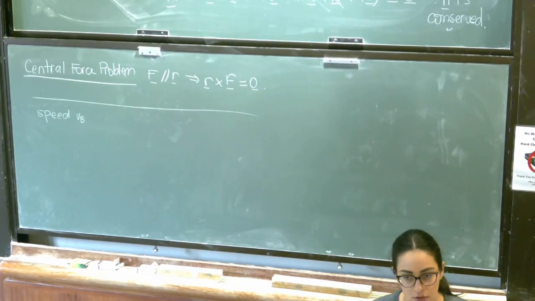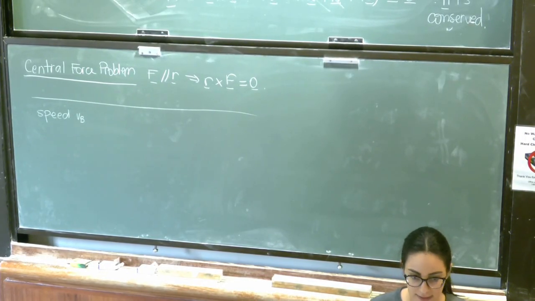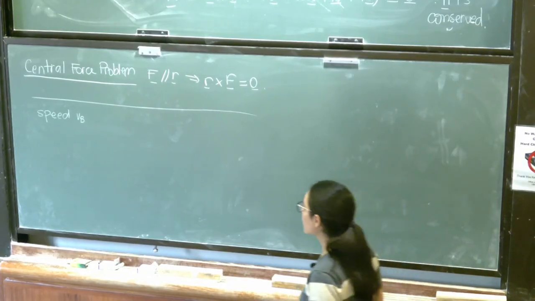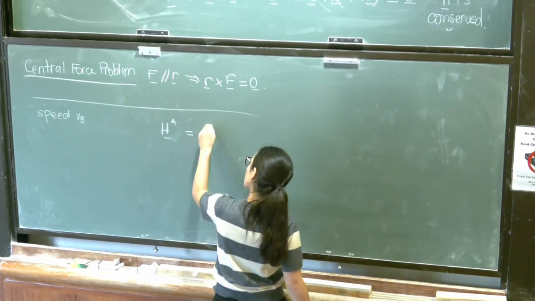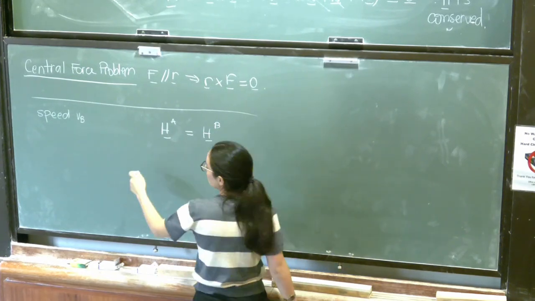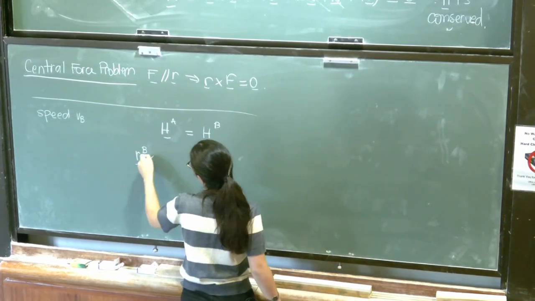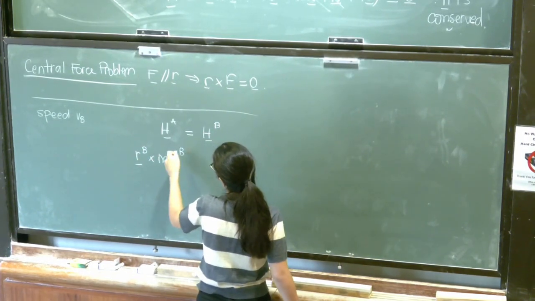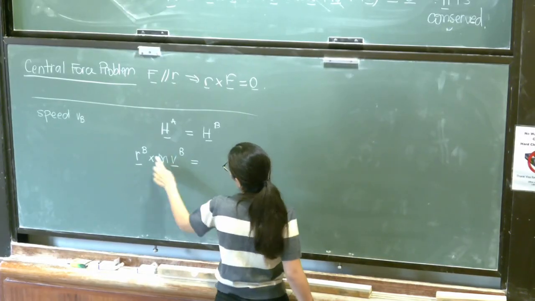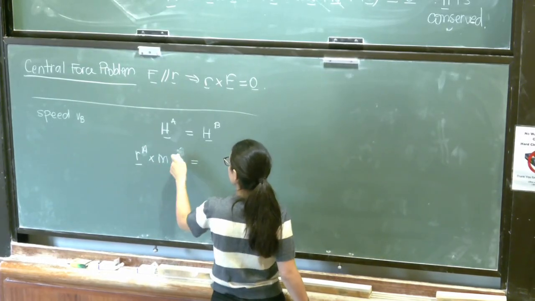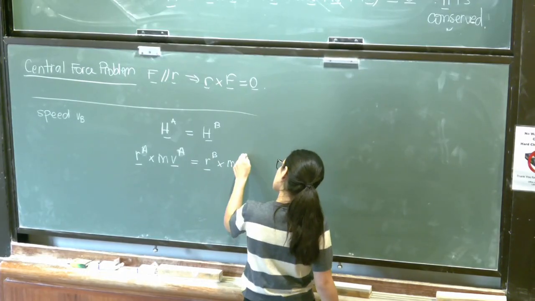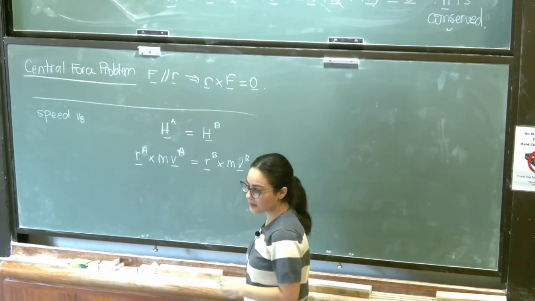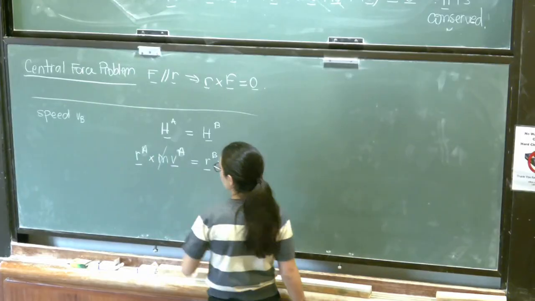Conservation of angular momentum. So first I have to calculate the angular momentum of the particle at 2 instances. That's going to be equal, right? So the angular momentum of the particle at A is equal to the angular momentum of the particle at B. So that's rA cross mVA is equal to rB cross mVB, and I can cancel out m and m.